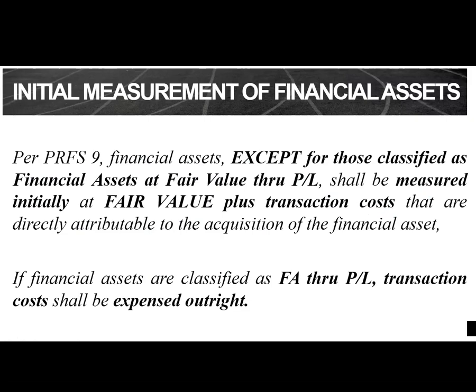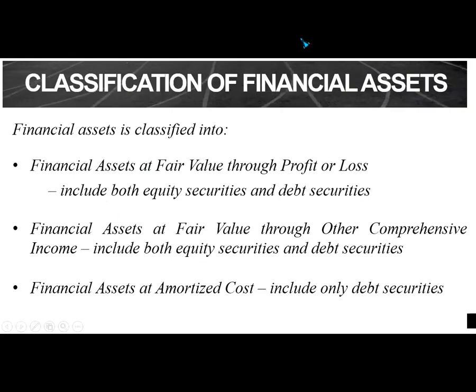So kung babalikan natin yung classifications ng ating financial assets, 'di ba? Ito yung tatlo. So, ibig sabihin, itong second bullet, yung financial assets at fair value through OCI, tsaka yung financial assets at amortized cost, kapag i-measure mo siya initially, ang basis mo is ang fair value nila plus transaction cost. So, i-capitalize natin yung transaction cost.